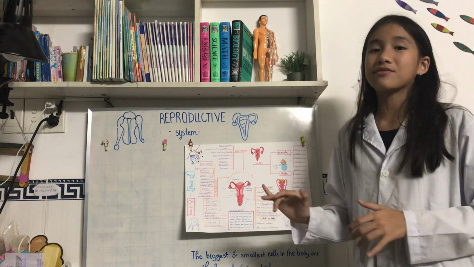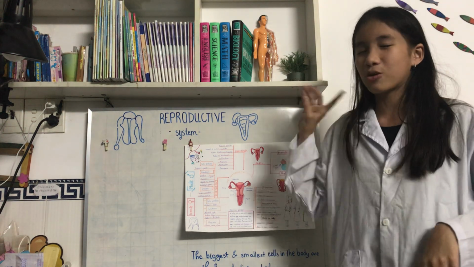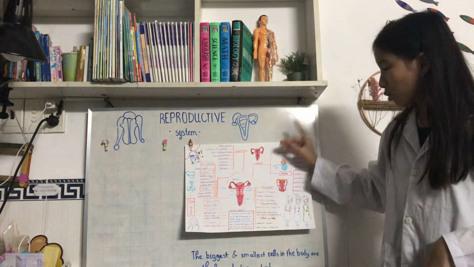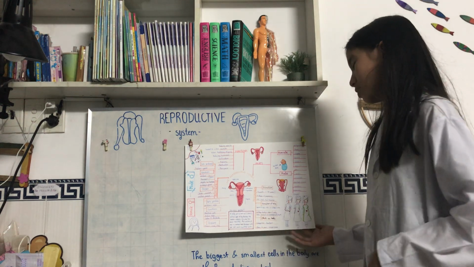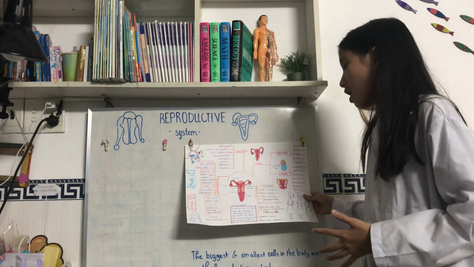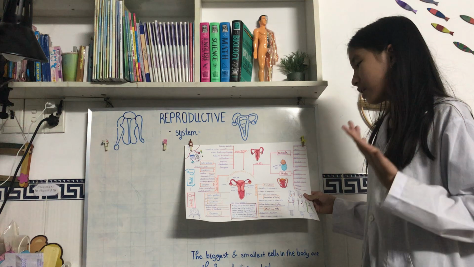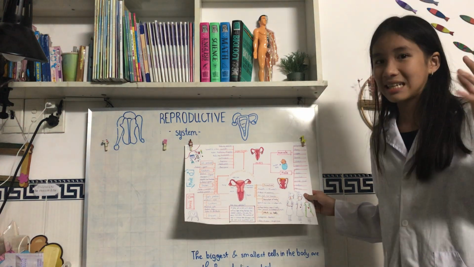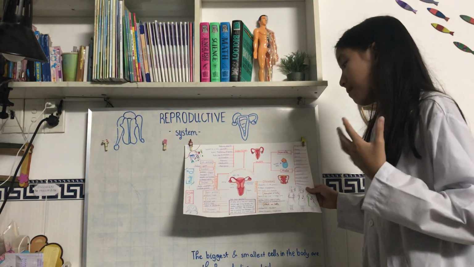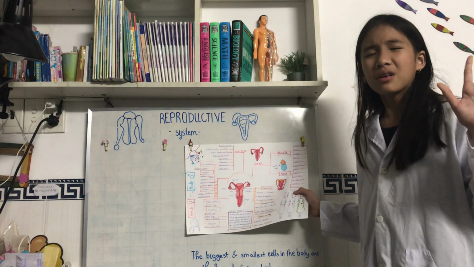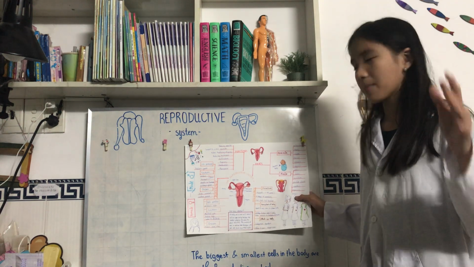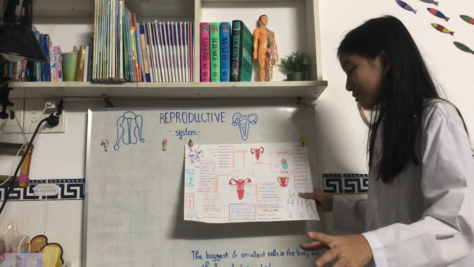To end this video, I want to add one more fun fact, which is that a baby girl is born with about 6 million eggs, but by the time she reaches puberty, in her teenage years, she may only have about 300,000 eggs.